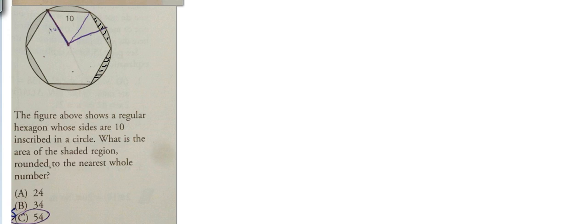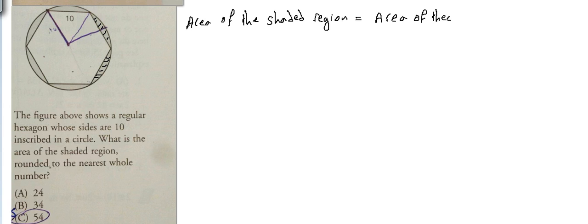Let's see. To find the shaded area, since the regular hexagon is inside the circle, we can say that the area of the shaded region is equal to the area of the circle, the big area of the circle, minus the area of the regular hexagon.